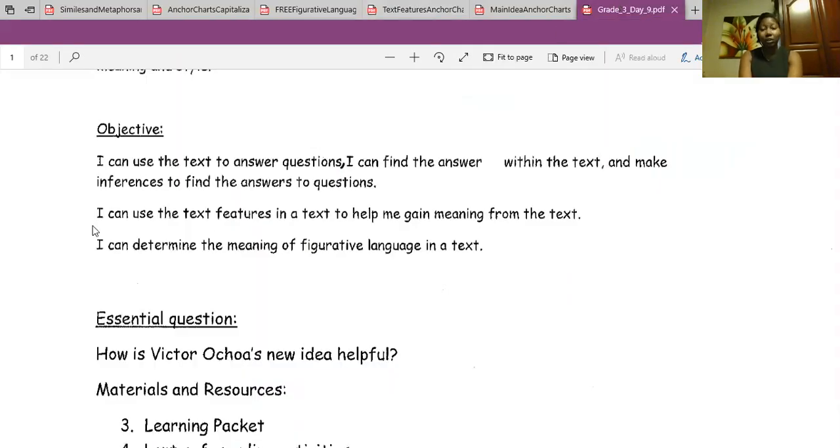So another goal of ours today is to be able to use those types of things to help gain meaning from the text. And our last goal for today is I can determine the meaning of figurative language in a text. What does figurative language mean? Well, that's simple.